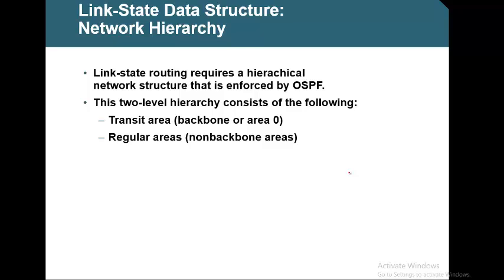You can do summarization anywhere you want. Not that neat. That's the reason why EIGRP is recommended only if you have less than 100 hops. After 100 hops, EIGRP by default won't support. You can increase it by using the max hop command up to 255. You don't have such a limitation in OSPF.